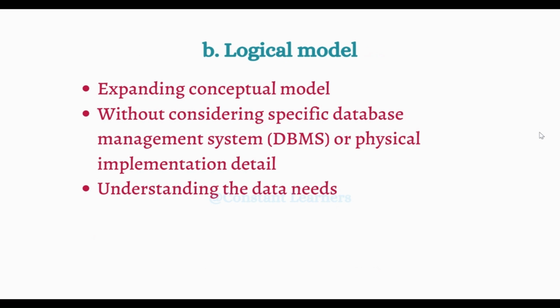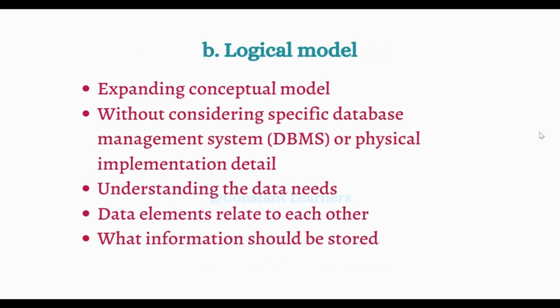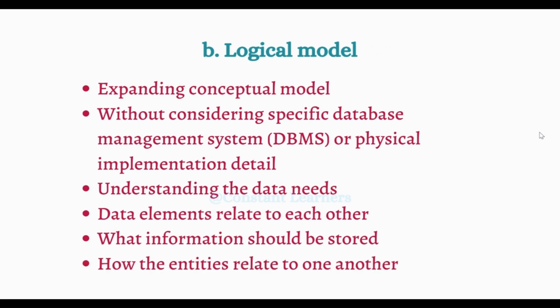We determine how different data elements relate to each other and what information should be stored in which tables, right? Then we make decisions about how the entities relate to one another. This is what we're talking about: how the hospital staff table will be connected to the department table, how the department table will be connected to the doctor's table. So that is what we need to look forward to in the logical model.